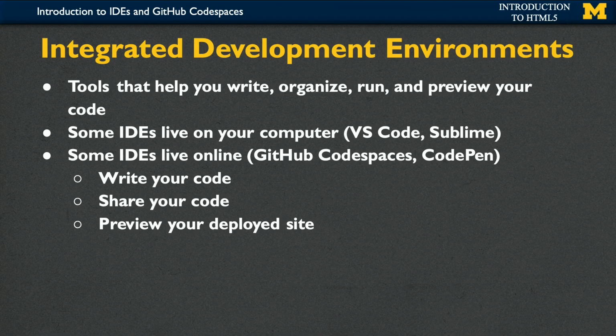These let you code without installing anything on your computer. You'll see CodePen throughout the textbook examples. And Codespaces will be our main tool when we want to store and share our work on GitHub. The wonderful thing is that the HTML, what you're writing, works the same in every single IDE.